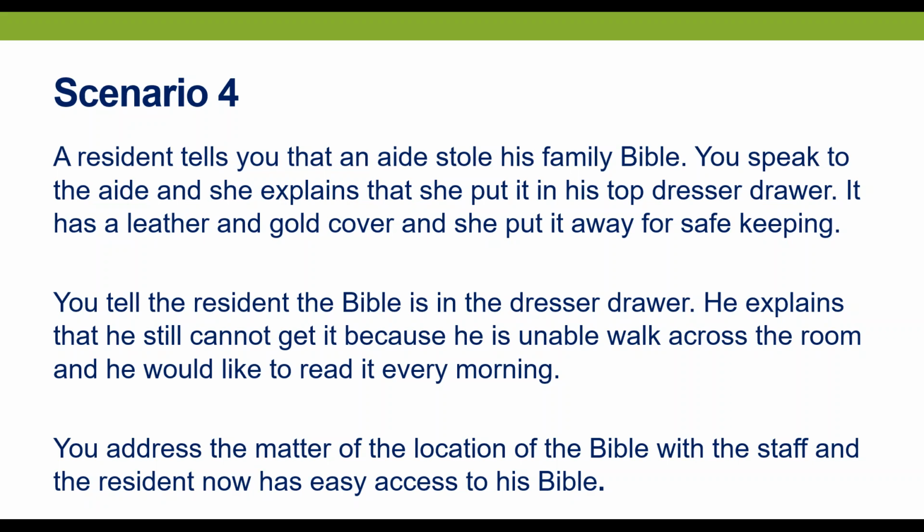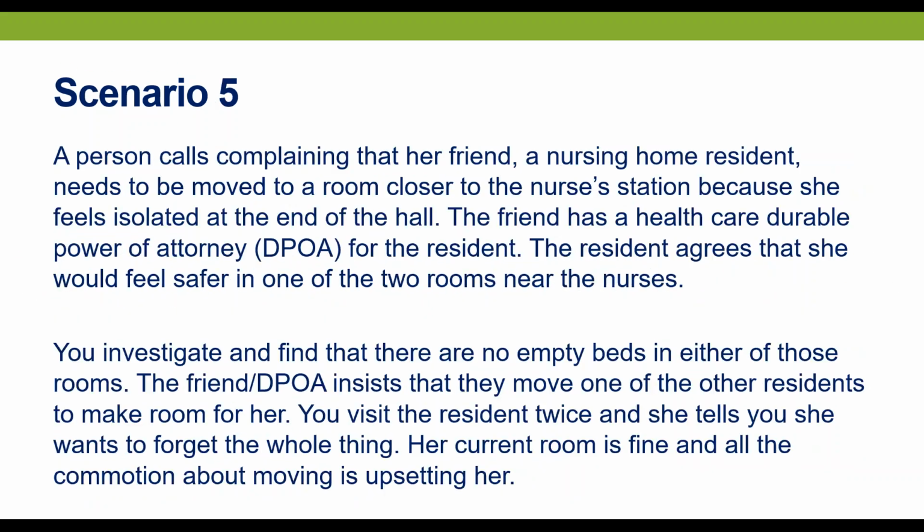So back to scenario 5. The question was, I'm not clear on what the complainant is alleging the provider actually did wrong. Good question, but the complainant is basically saying that the provider needs to move the resident closer to the nurse's station, that she's too far away.